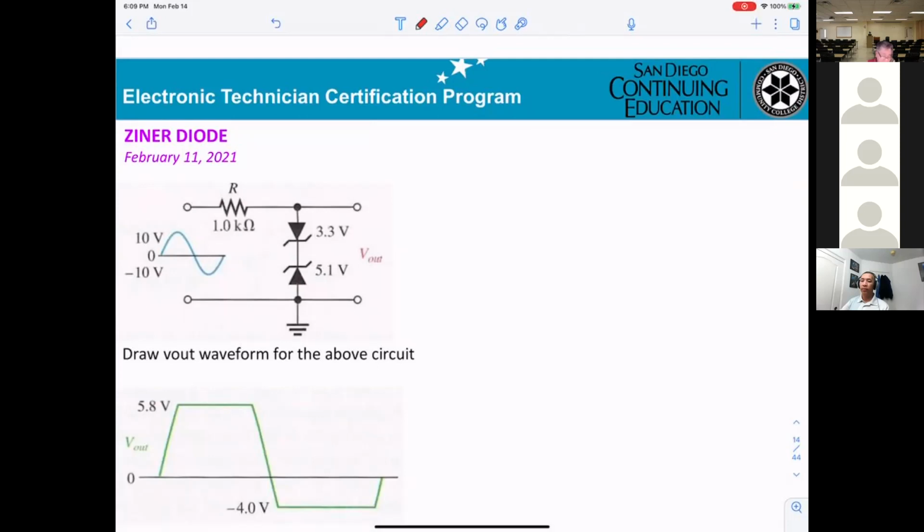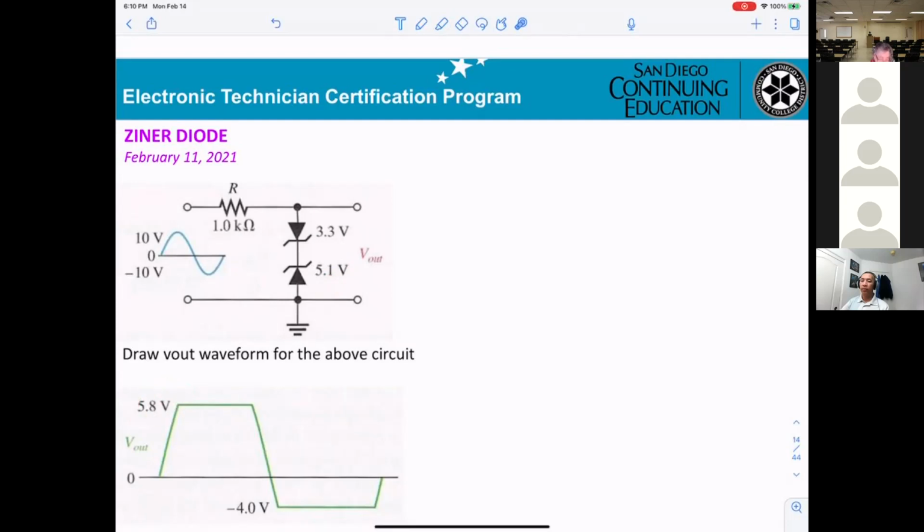Okay. Another circuitry, almost the same thing. However, the input will be 10 volt. And you can see for this part right here, we already know the breakdown will be 5.1, and adding 0.7, you get 5.8.